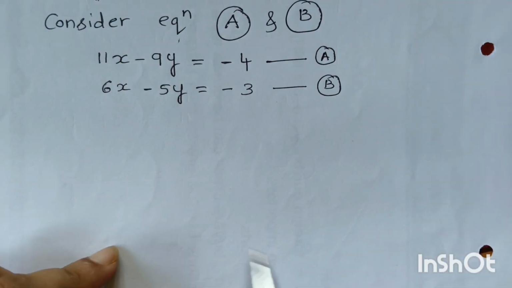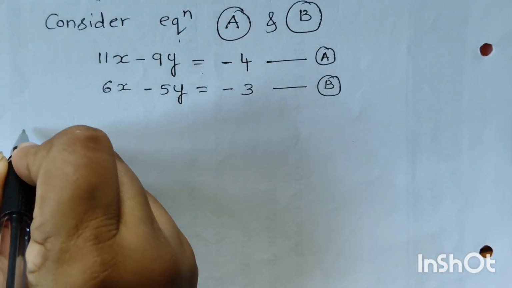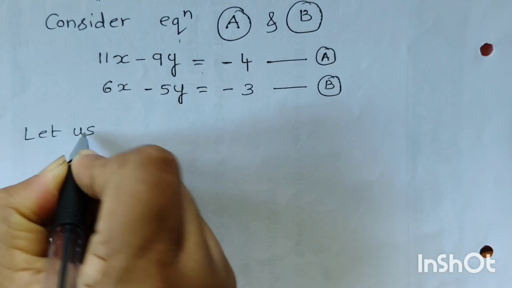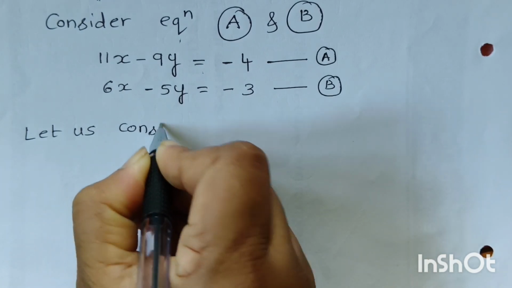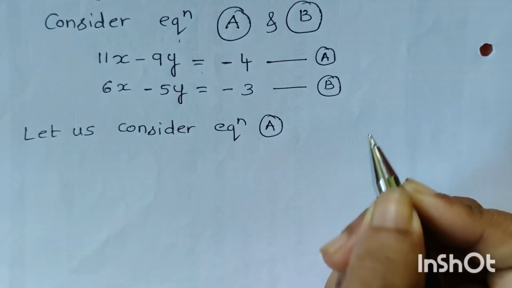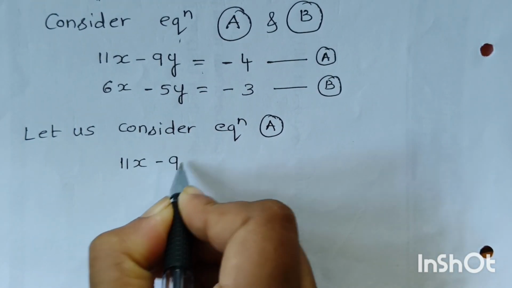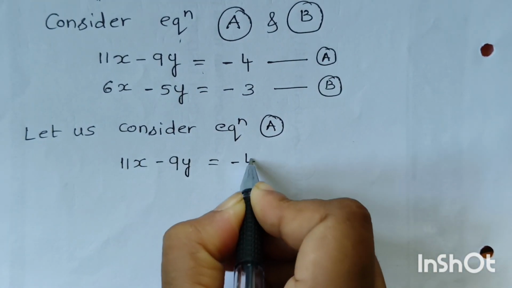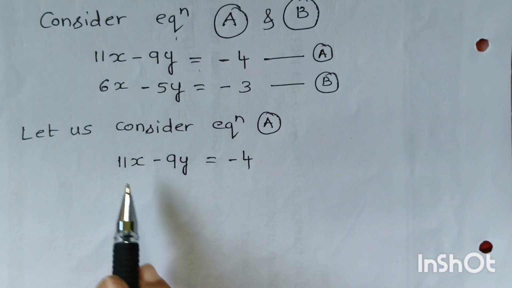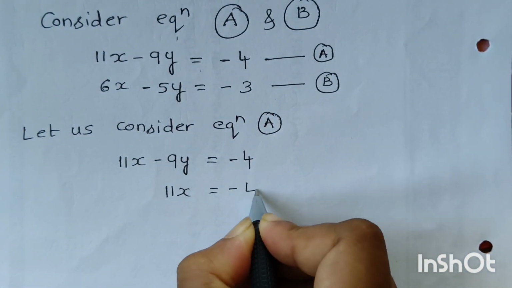First, let us consider equation A. That is 11x minus 9y is equal to minus 4. Then 11x is equal to minus 4.